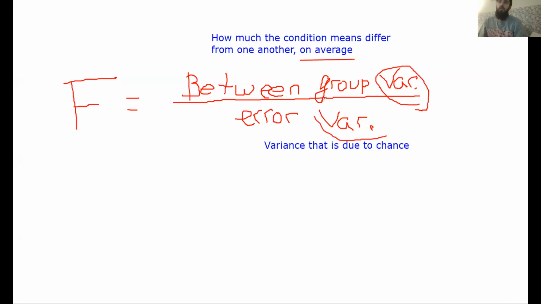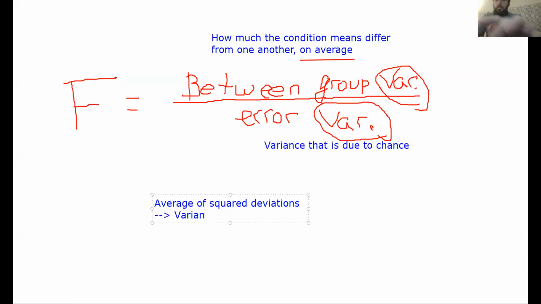you might remember the whole way back to the variability lecture that variance is the average of squared deviations. Right? Variance is the average of squared deviations.